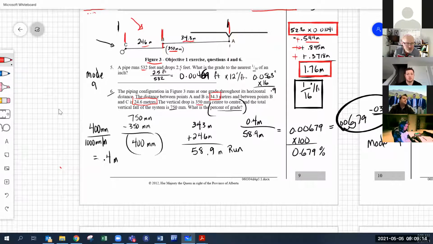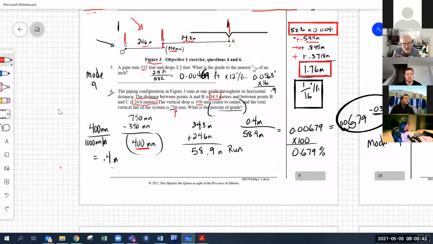So this vertical drop right in here does not go to my grade. This is a vertical drop. It's not a part of the grade. So the total vertical fall of the system was 750 mils. So I had to take that little vertical drop off of the entire fall of the system to get my drop for my pipe at 400.